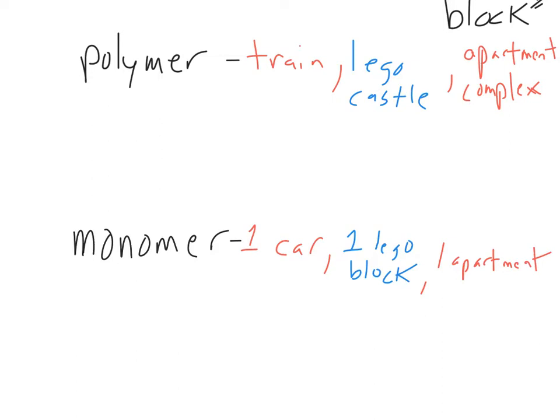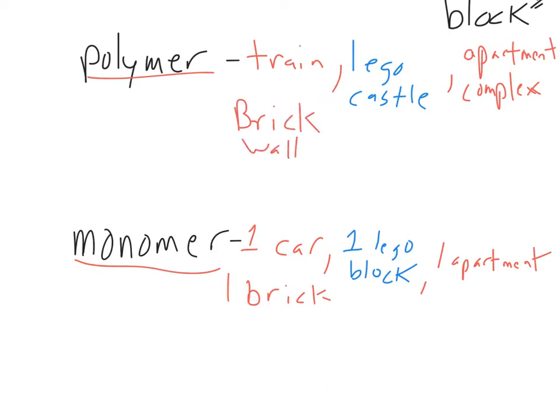All right, look around here. What's the walls made out of? So what's the brick, a polymer or a monomer? So one brick is a monomer. So y'all get the concept of that? Okay, so polymers and monomers.